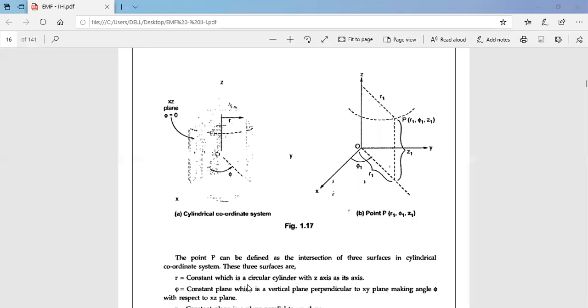Let's put some numbers to it. The radius is 6 meter. Say your angle from here going to that plane is 30 degrees, and say Z is 3 meter.